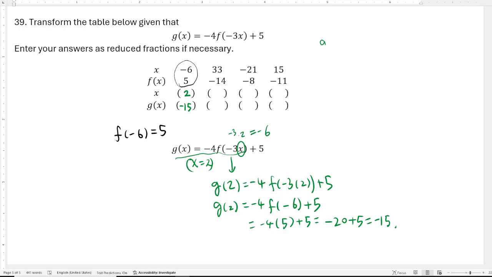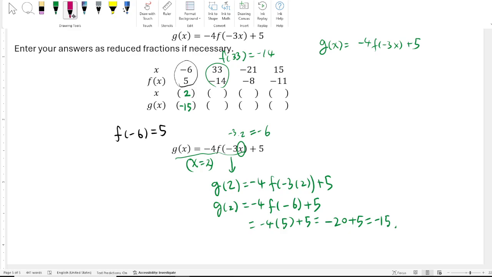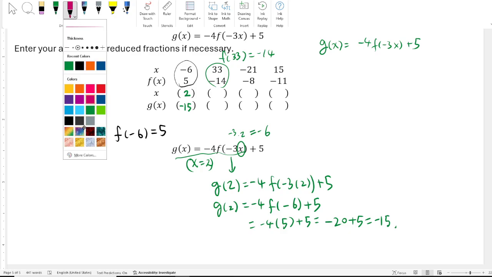See, g of x is negative 4f of negative 3x plus 5. And I know from here that f of 33 is equal to negative 14. So what should I plug into x so that I get f of 33? Let me ask that question again.